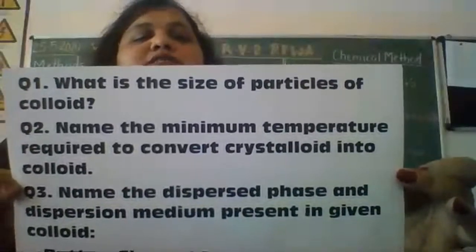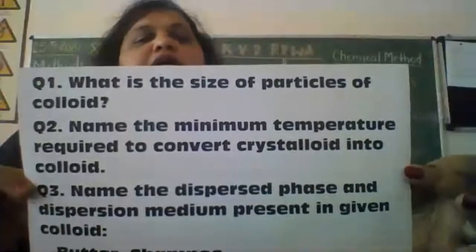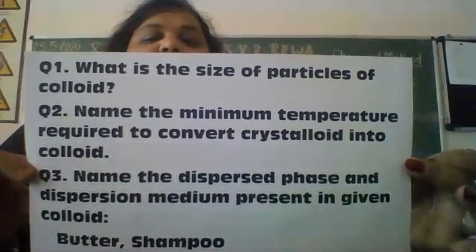Your first question is, what is the size of the particles to be called colloid? For the unit, you can use meter or nanometer. The second question is, name the minimum temperature.